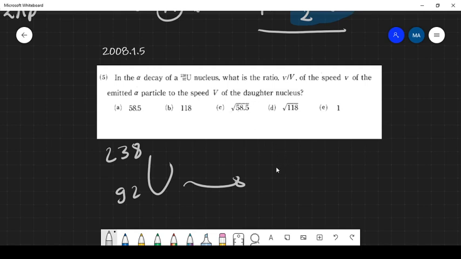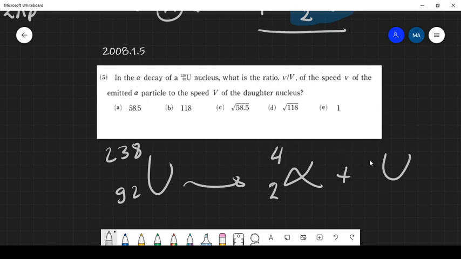So what does this mean? When this uranium nucleus undergoes alpha decay, it will emit an alpha particle. You need to know, as we told you, that the alpha particle has mass 4 and charge 2. Notice it has 2 protons, plus a uranium.